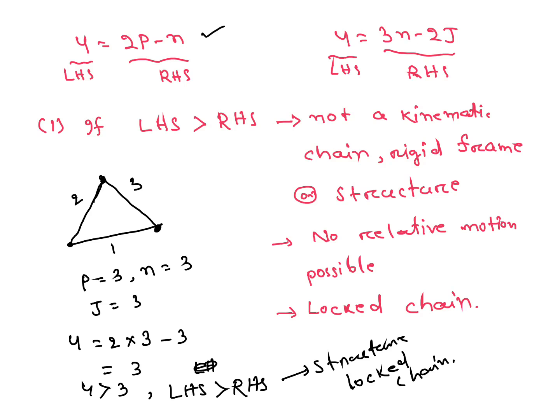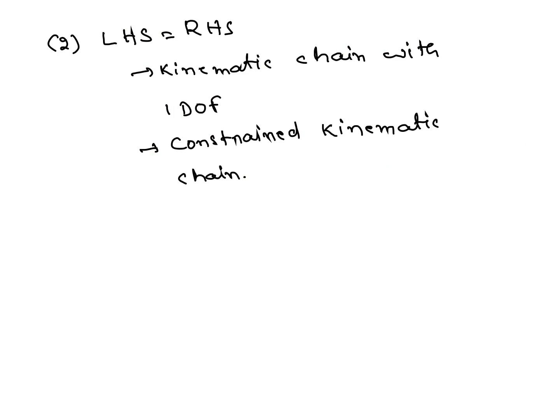Condition is LHS is greater than RHS. In the second condition, if LHS equal to RHS, then a kinematic chain with 1 degree of freedom is possible. It is called a constrained kinematic chain. For example, if we take 4 links, 1, 2, 3, 4, then we will check for the conditions. 4 equal to 3n minus 2j.